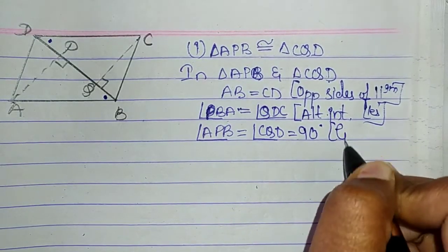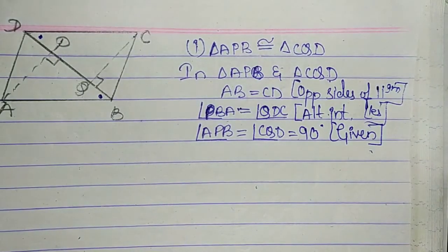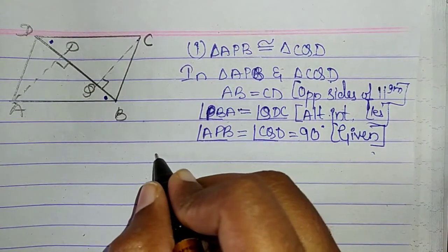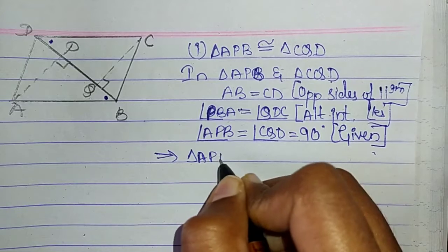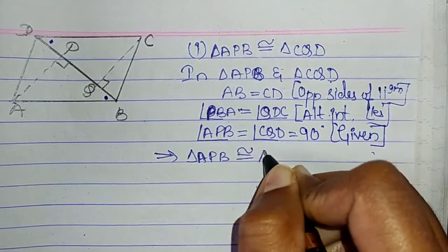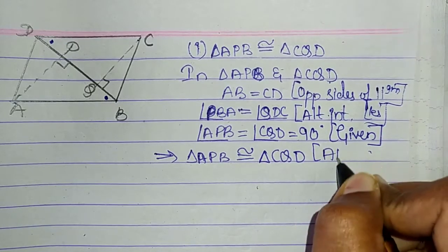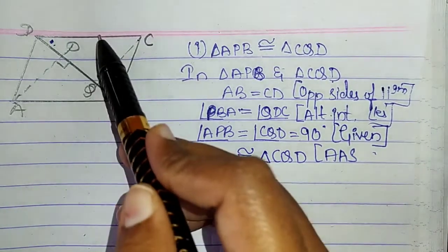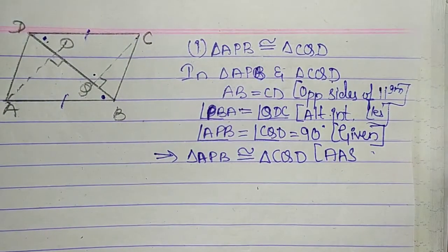It is given. They are perpendiculars drawn from those vertices to the diagonal BD. So from the angle side rule, this implies triangle APB is congruent to triangle CQD by AAS criteria.